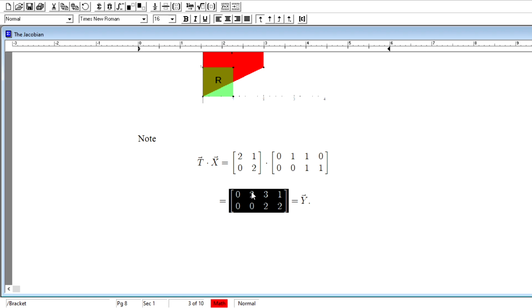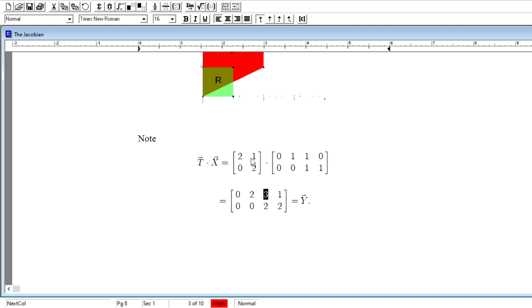That's the value of 2 seen here in this first row, second column. 2 times this 1 and 1 times this 1, we'll add together: 2 times 1 plus 1 times 1 is 3, and that's what goes in here.